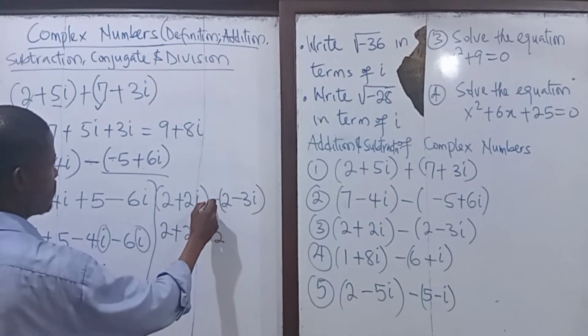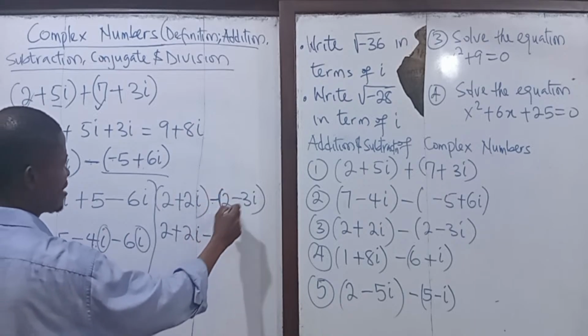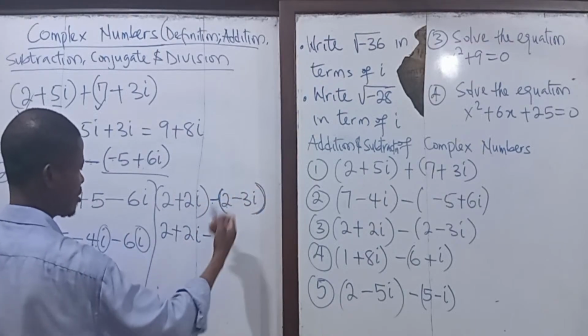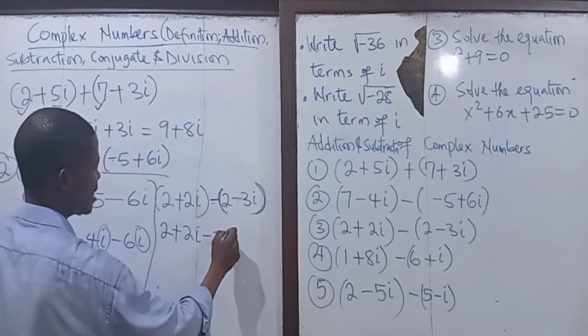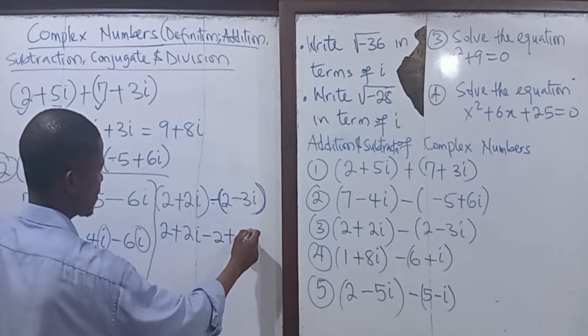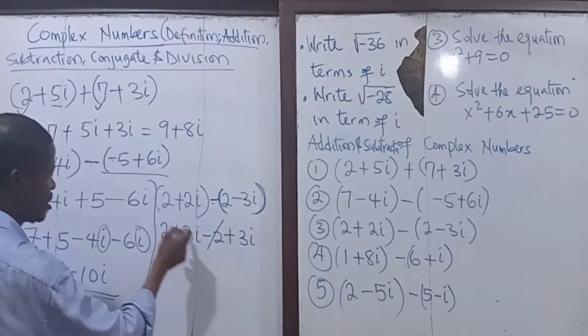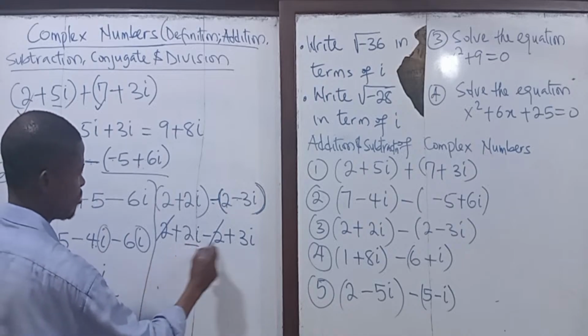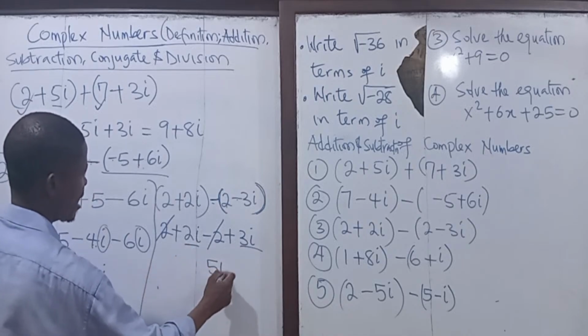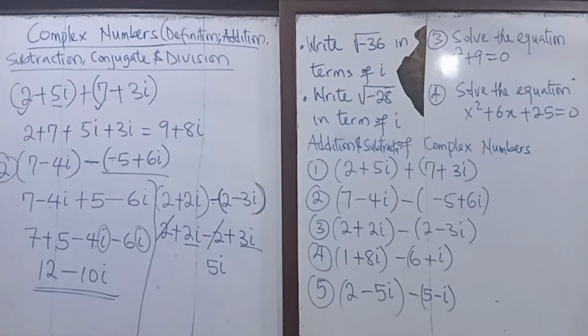When you have minus outside an expression in a bracket, it's going to alter the sign inside, and that will be minus 2, minus times minus, that's a plus 3i. Okay, 2 minus 2 cancel. Then you have 2i plus 3i, and that's 5i for the third one.